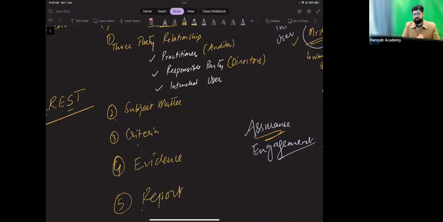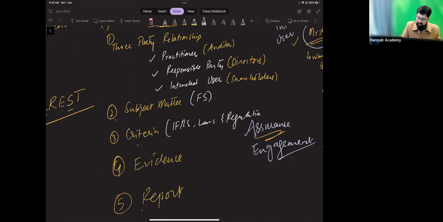Intended users: the shareholders who will be using the reports of the auditor. Subject matter: financial statements are the subject matter. What is the criteria? IFRS, laws and regulations. Financial statements are evaluated against this criteria. Audit evidence is obtained and a report is given.